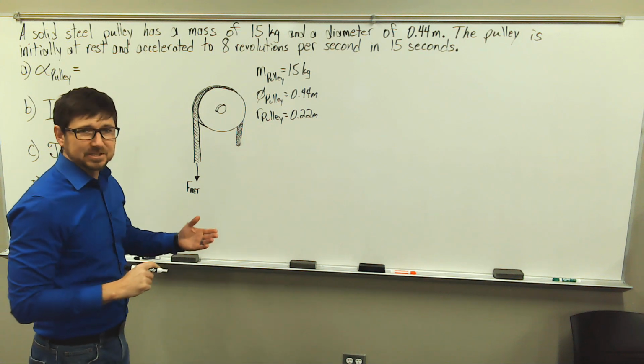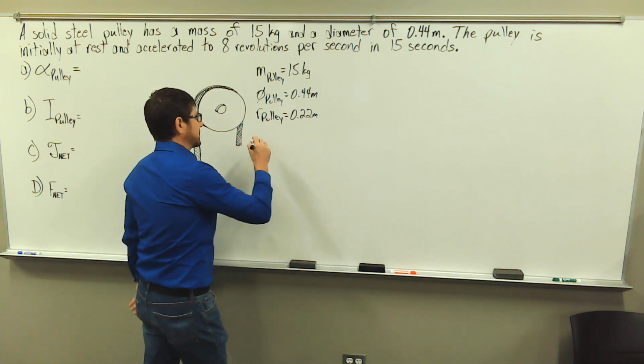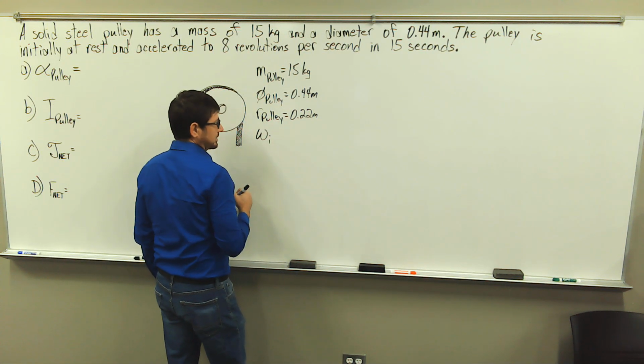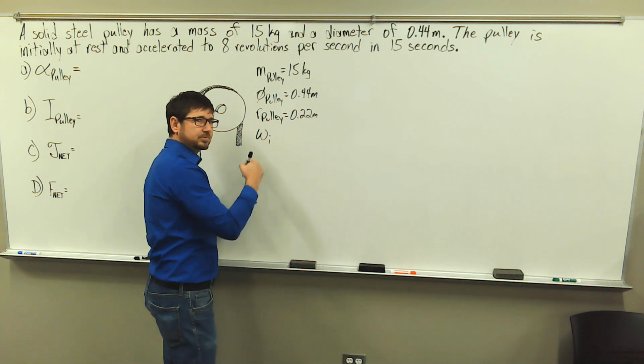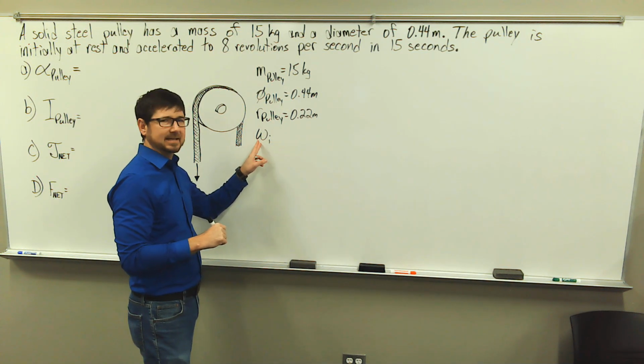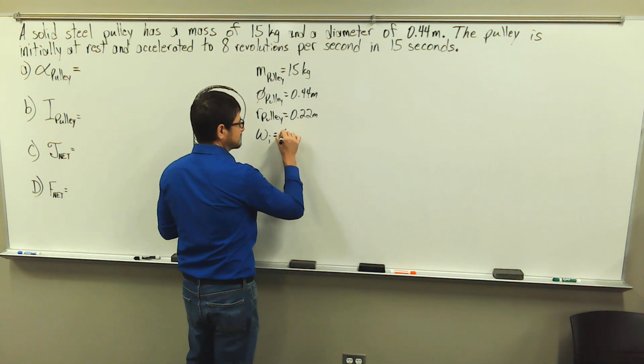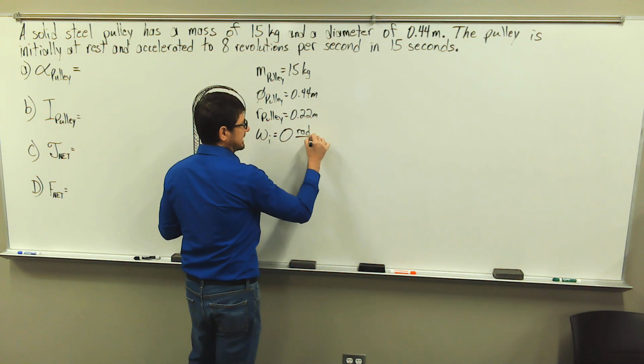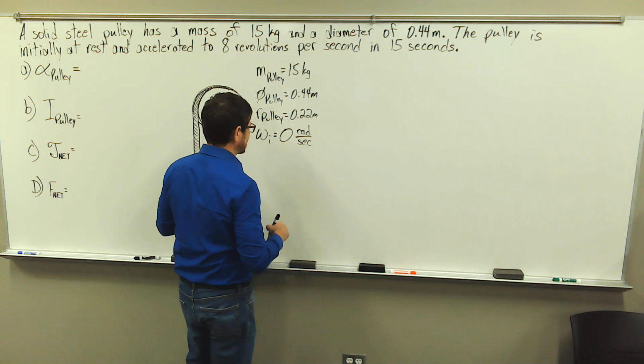The pulley is initially at rest, and so our initial angular velocity, so we're going to use the lowercase Greek letter omega here, so omega sub i is equal to 0 radians per second, so it's at rest.